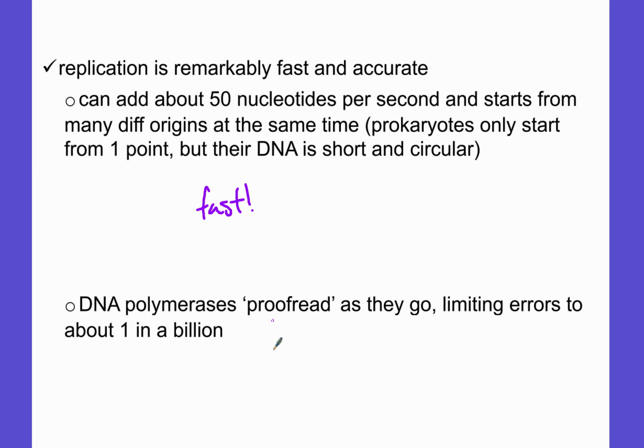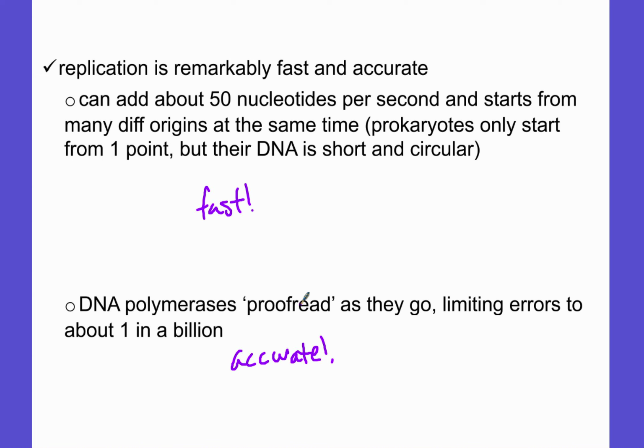It's also super accurate. DNA polymerase can proofread as it goes, meaning that you're only going to have one wrong base in about 1 billion base pairs, and even those get fixed. So the equivalent of that, I saw in a different video I was watching, is you could type at 60 words per minute for like 20 years or something weird like that.